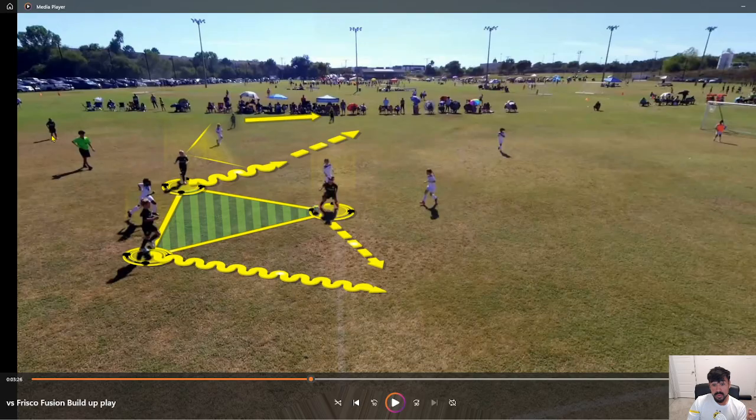The number 10 supporting, the number 3 over there supporting, the number 2 supporting, just in case maybe we don't get a cross off into this area, but at least it's in our attacking half. And then maybe she's finding you for the cross, right? So this is what I want you to be doing, number 9, specifically Emma. Okay? So let's go out and play to see what happens, because I don't want to see this anymore. I don't want to see this anymore.